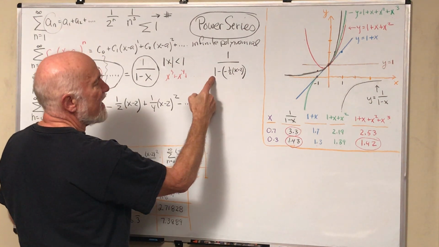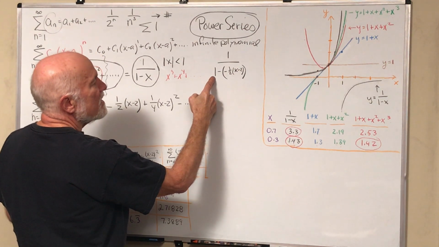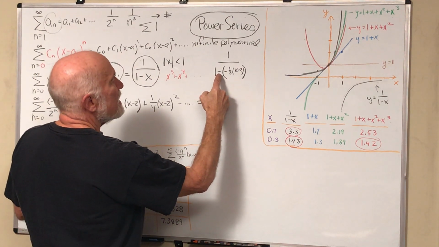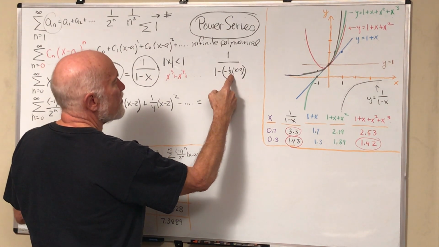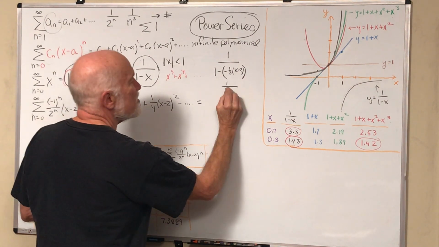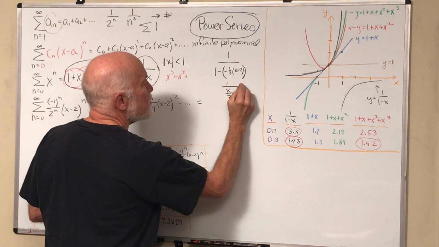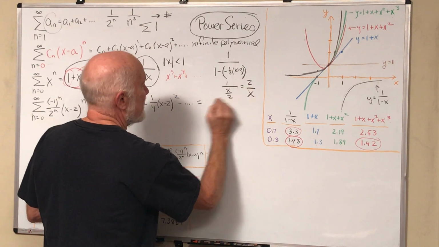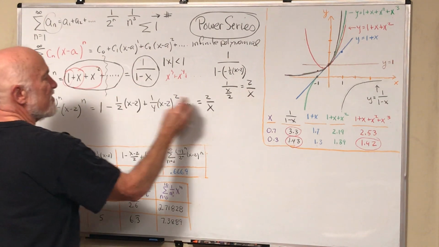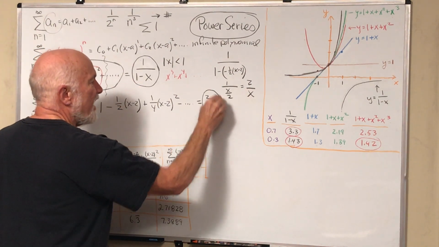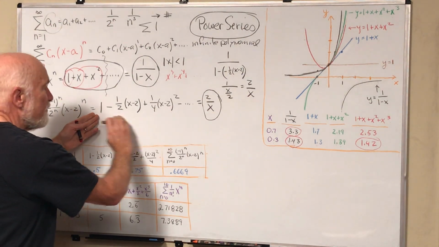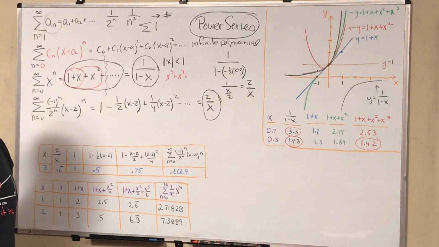If you just simplify this, you get 1 over 1 plus x over 2 minus 1. So you just get 1 over x over 2, or 2 over x. So now, instead of this function, I've got another function that we can represent by a different polynomial.